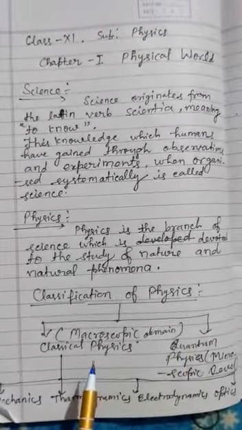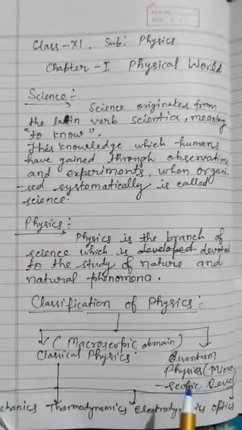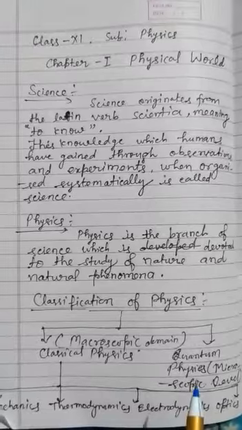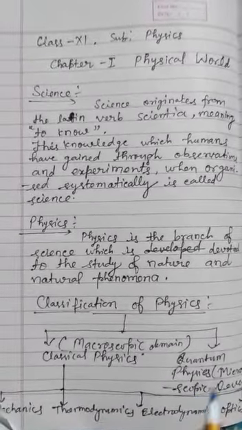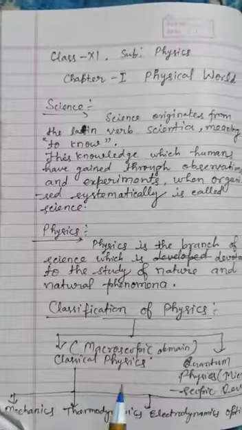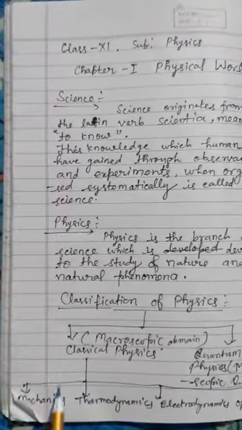But quantum physics is the modern theory of physics which deals with the microscopic level, that is atomic level, like electron, proton, neutron.